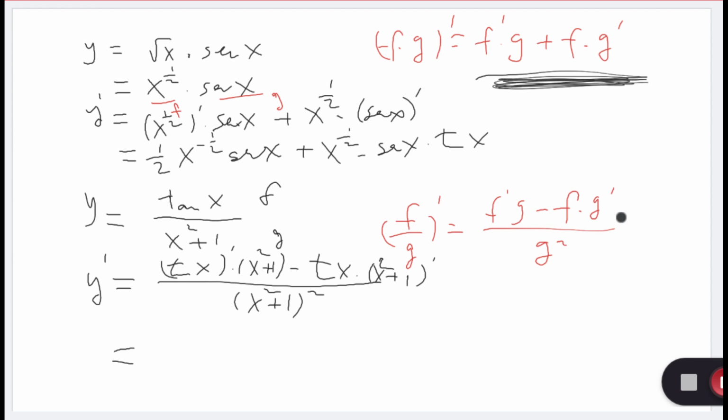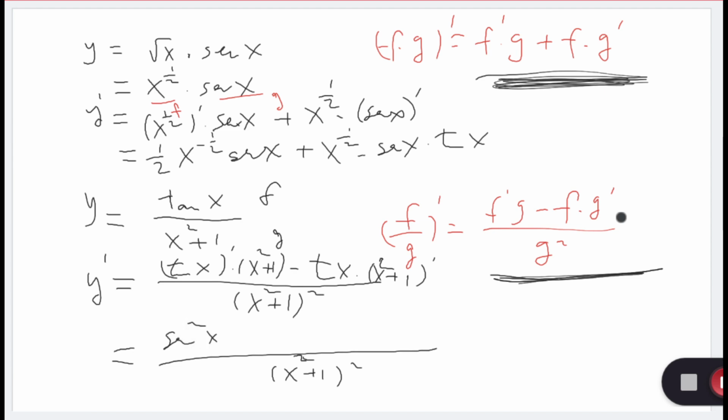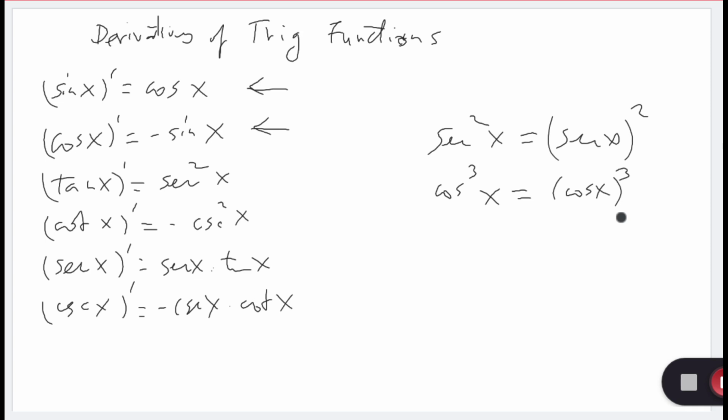Again, set up the expression based on exactly the formula. Now finish up the differentiation. There's no differentiation in the denominator, so we just copy down the square of x squared plus 1. On the top, derivative of tangent, use the formula, it's secant squared. Derivative of tangent is secant squared.